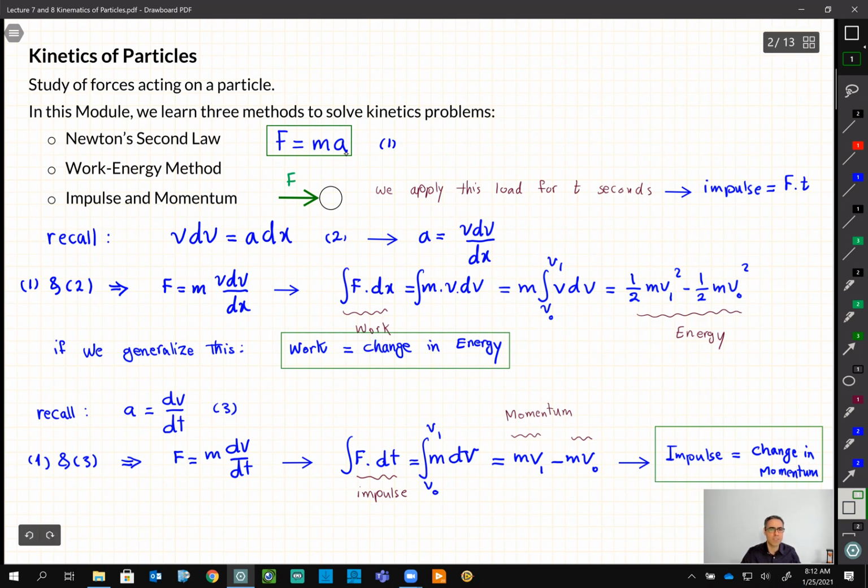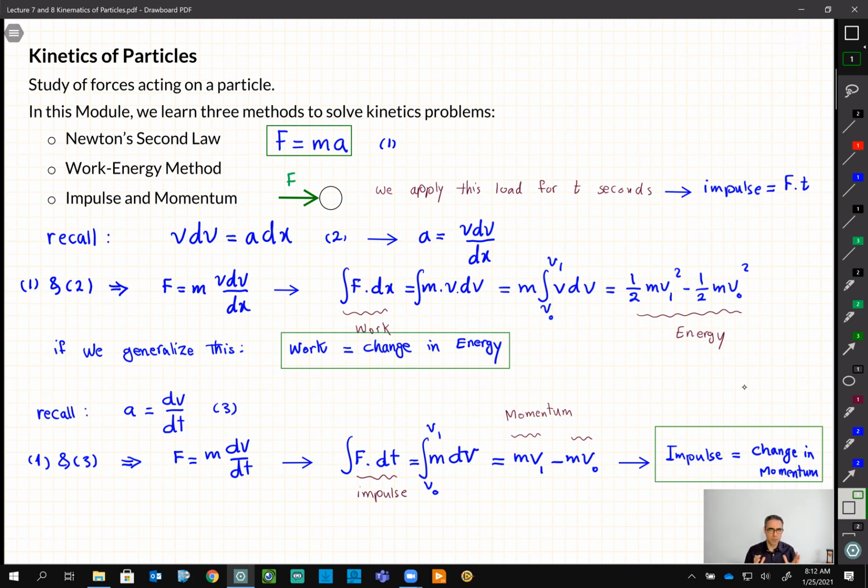And then somebody just replaced A by this formula from 2, v dv divided by dx, and proved that work is equal to change in energy. And then somebody else also used this formula, just replaced A with formula number 3, dv over dt. And he proved impulse is equal to the change in momentum, right?